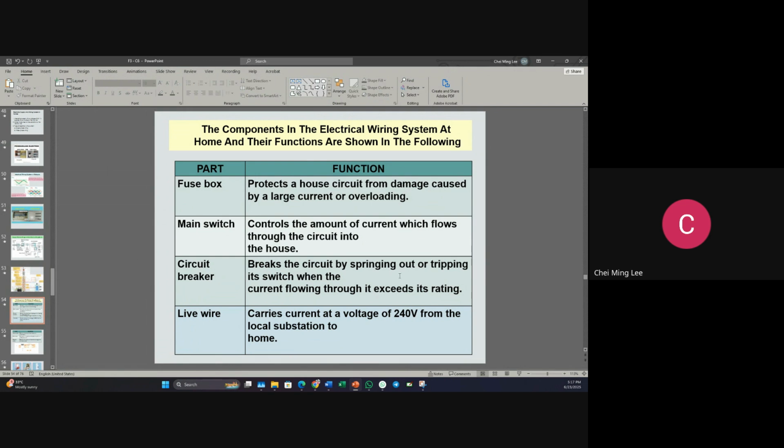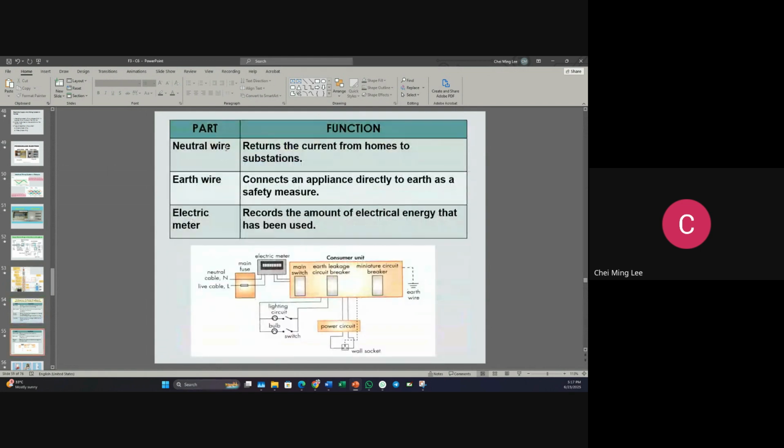it will spring out, or we call it tripping. Okay, so we have a live wire that carries the current with a voltage of 240 from the local substation to home. Then we have the neutral wire return, like I said, back and forth. So the return is you return the current from home to the substation so that it becomes a complete circuit.